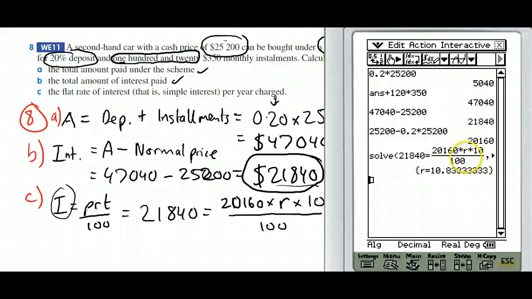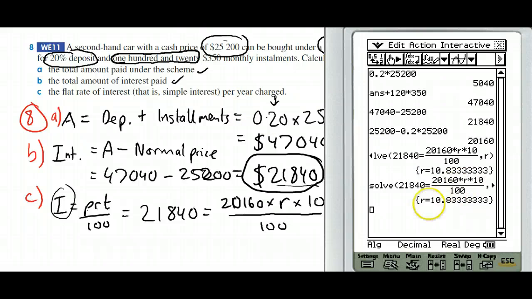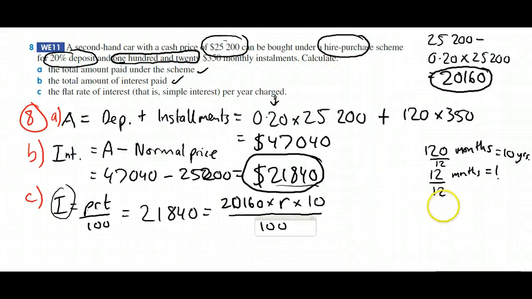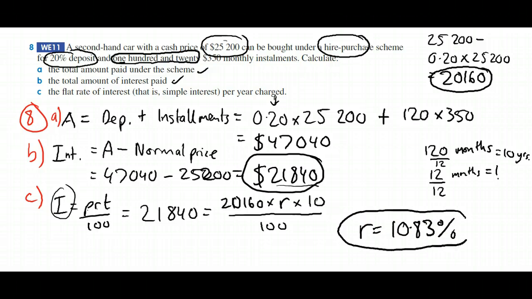Okay, and then after you've put in the equation, just put a little comma there, and the variable that we're looking for, which is R, and when you press enter it'll tell you what R is. R is 10.83, and that was the interest rate, so it must be 10.83%. Alright, so when we solve for R we get 10.83%. That's the flat rate of interest in this hire purchase scheme.